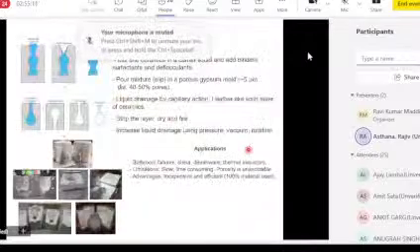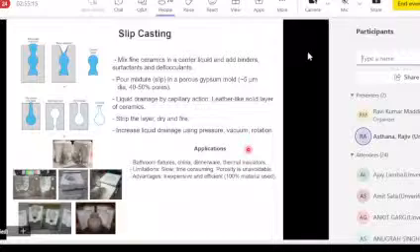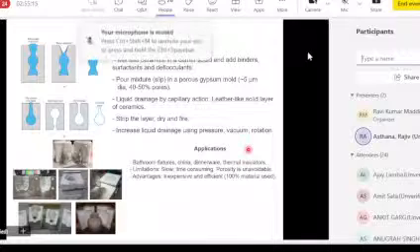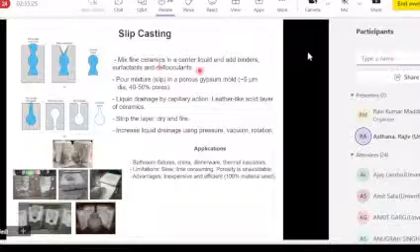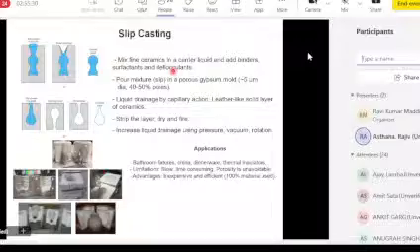Slip casting. This is mostly used for ceramic parts. Very simple concept. It's more like the process that craftsmen use. The whole idea here is to use very fine ceramic powders, mix them in a carrier liquid, add some binders, surfactants, deflocculants, and that slurry is poured in a plaster of Paris mold.